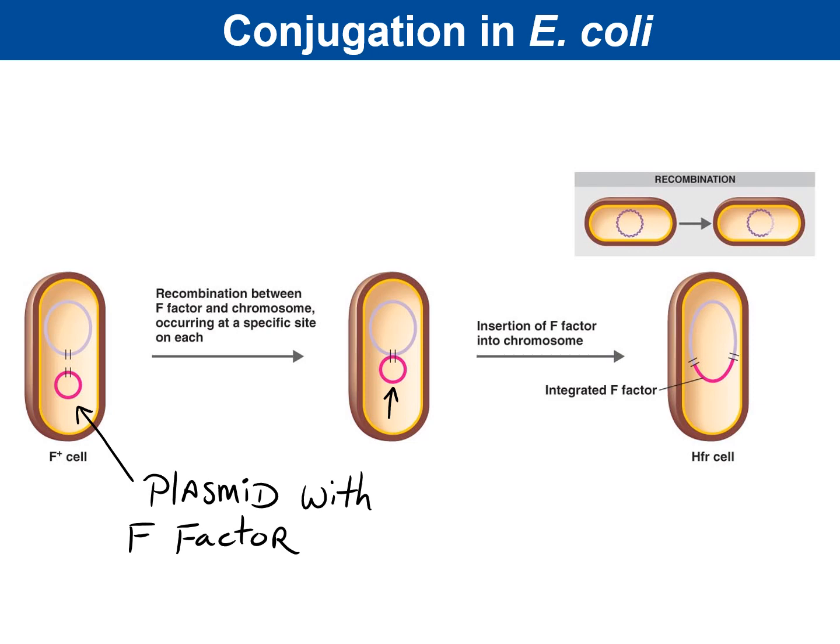When the F factor inserts itself into the chromosome, it becomes an integrated F factor. And a cell that has an integrated F factor is what's called an HFR cell. So HFR means high frequency of recombination.